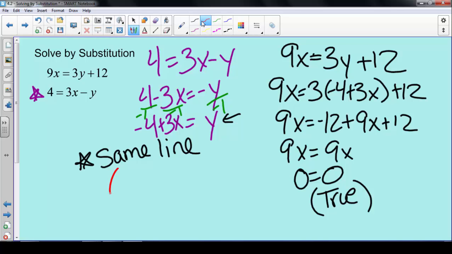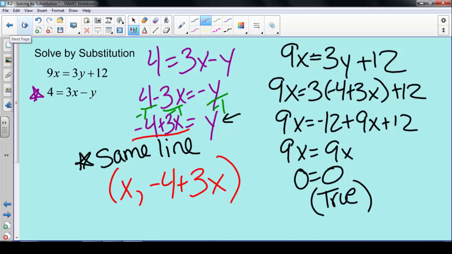So remember, we wrote them in x and then something else. Well, lucky for us, we already have what y equals right here. And so we just write it here like that. So any number that follows this pattern, once you pick your x, this will automatically determine that second coordinate. Anything that follows this pattern is going to be on that line.